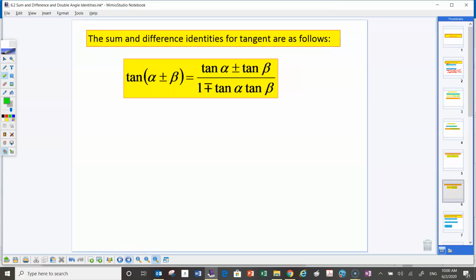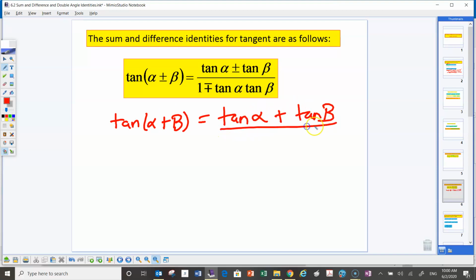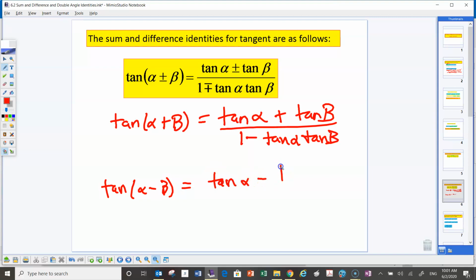And tangent follows this pattern. There are actually two identities here. The tan of alpha plus beta, I just follow the top signs in the expansion, so that would be the tan of the first angle plus the tan of the second angle all over 1 minus the tan of the first angle times the tan of the second, and tan of alpha minus beta would be tan of alpha minus tan of beta all over 1 plus tan of alpha times the tan of beta.